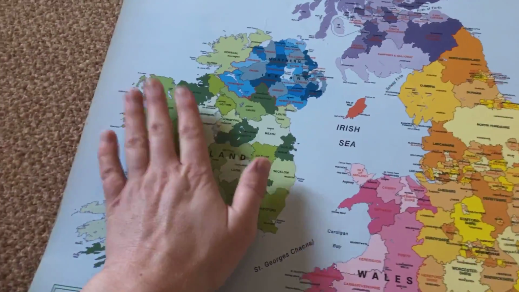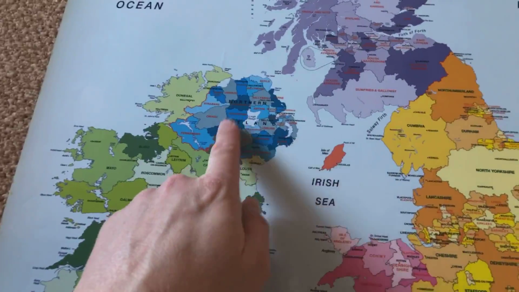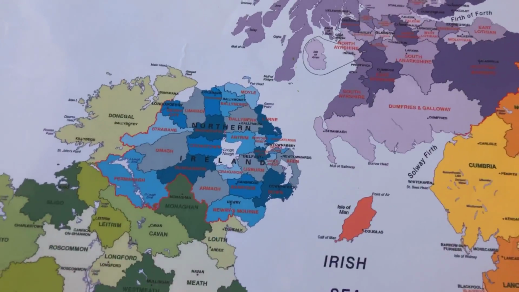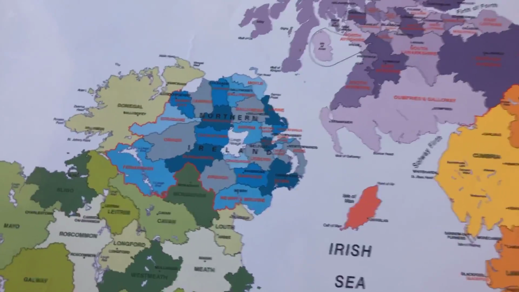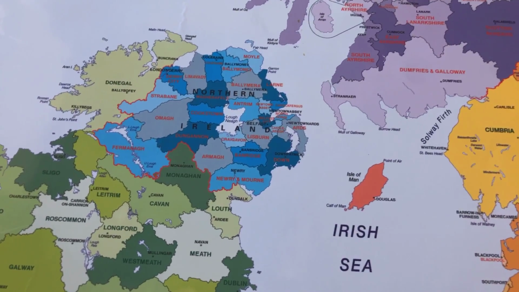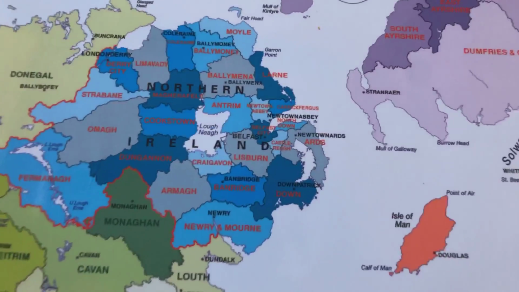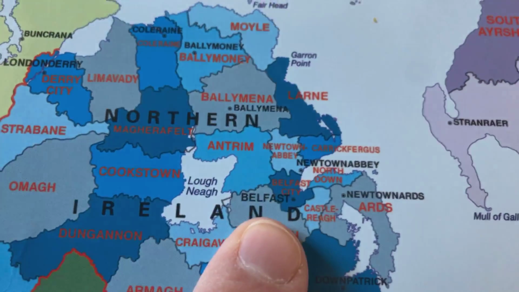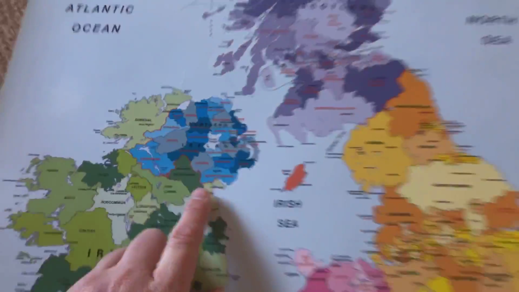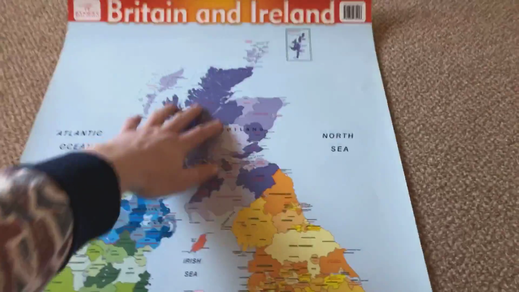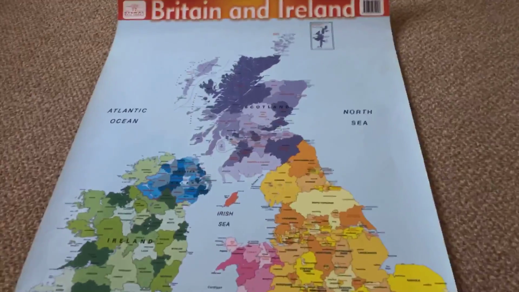So below is Ireland, but at the top is Northern Ireland, again with the word north meaning up the top. And Northern Ireland is part of the United Kingdom. Now, do you remember the capital city of Northern Ireland? It was, where's my finger? Belfast. So we've got the blue area here, Northern Ireland, the purple area, Scotland.